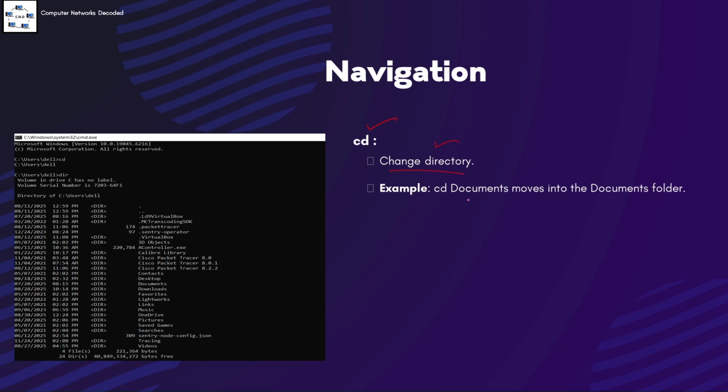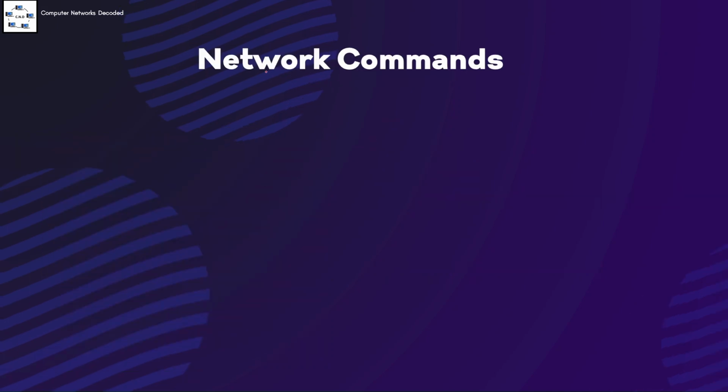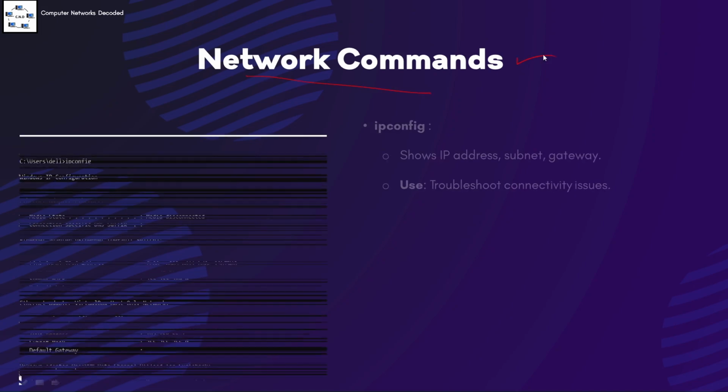For example, using cd documents moves into the documents folder. Then the dir command lists files and folders in the current directory. As we can see here, we have run this directory command and it has listed all the folders and files in the current directory.